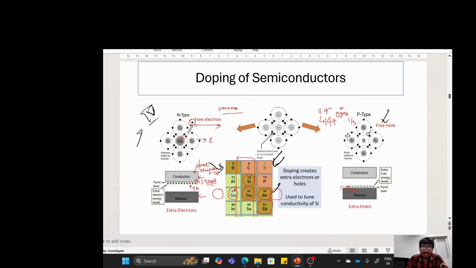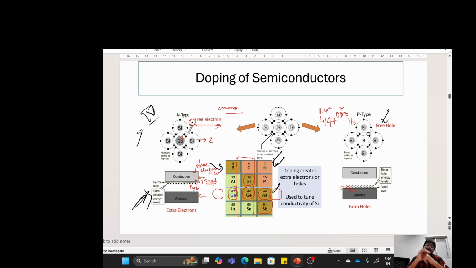Yes, Anil, here I have one doubt. In the bottom figure, where we have written antimony and boron, the level where we specify the Fermi level: in the left image we have shown the Fermi level above the electron level, and in the right image the Fermi level below the hole level. The Fermi level, as we know, is where the probability of finding an electron is exactly 50%.